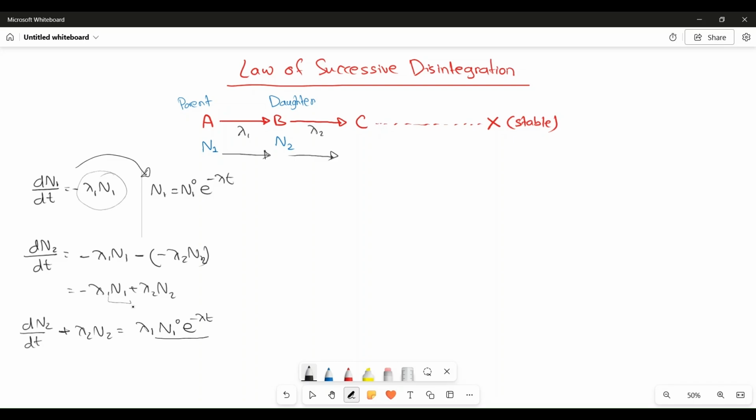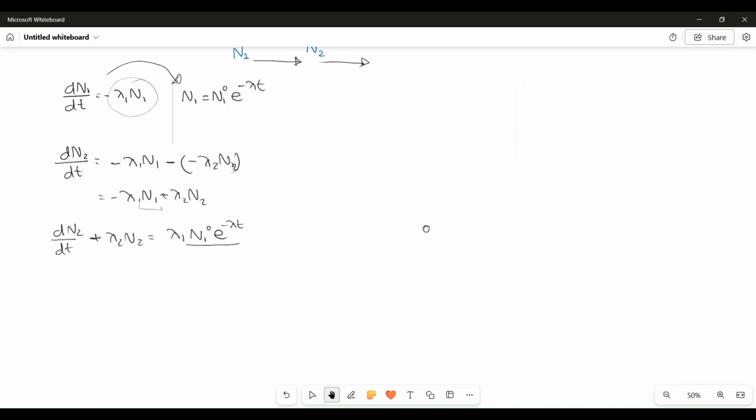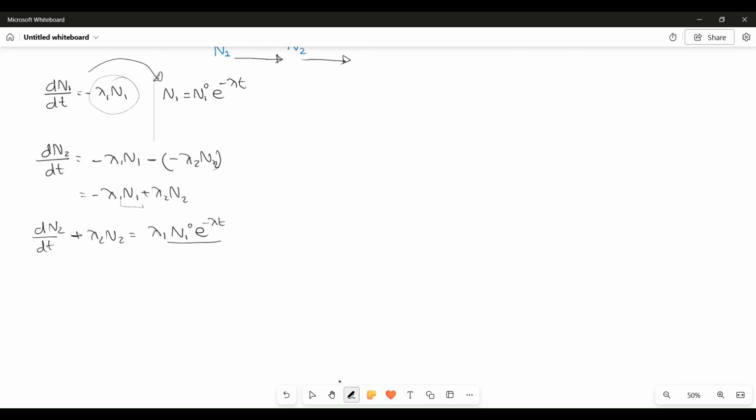Okay, and now we will multiply both sides by e to the power lambda 2 t.